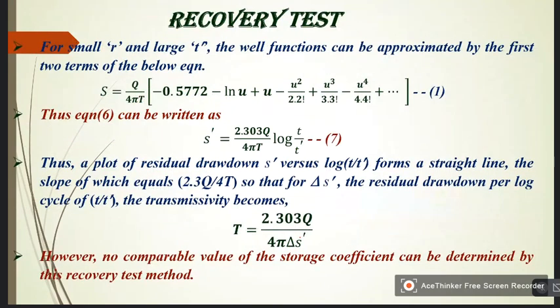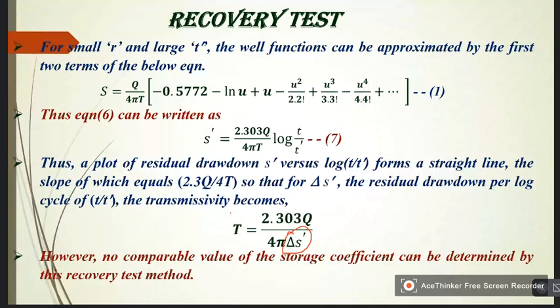So now what we do is we plot residual drawdown versus t by t dash, where t dash is the time measured from stopping of the pump. And t by t dash we will consider as one log cycle. So automatically that will give us delta S dash.